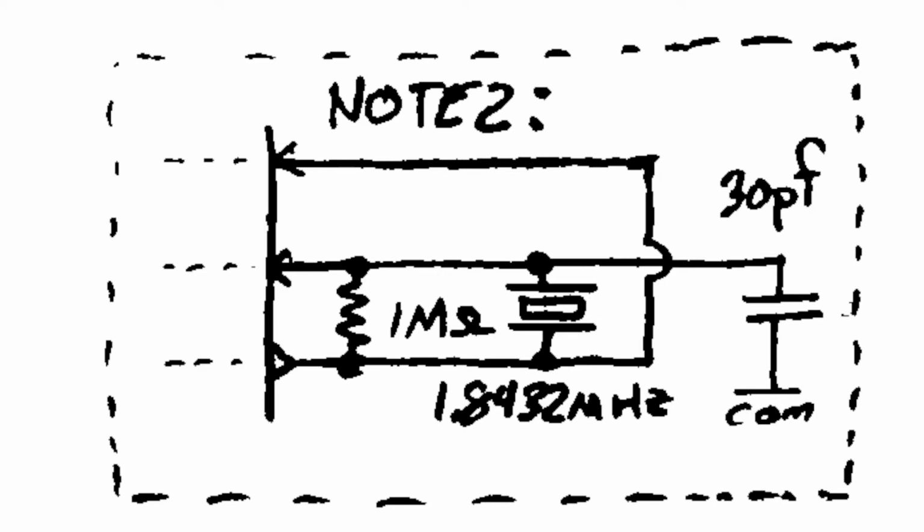So I added a jumper between pins 7 and 5 so that the 1.8432 megahertz signal can go straight into the receiver clock. And then in the code, if you set the baud rate to x16 of the receiver clock, that means it's only dividing that frequency by 16 instead of 96, which means that I can get the higher baud rate of 115,200 baud that I've been operating this on.